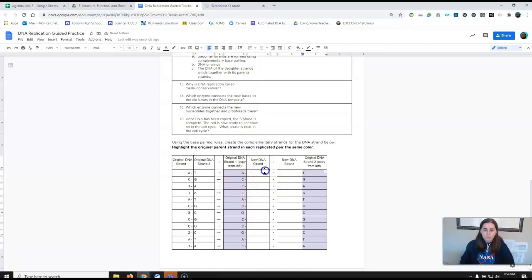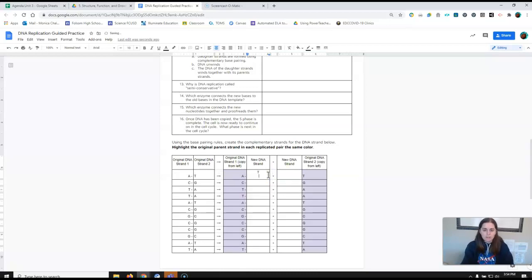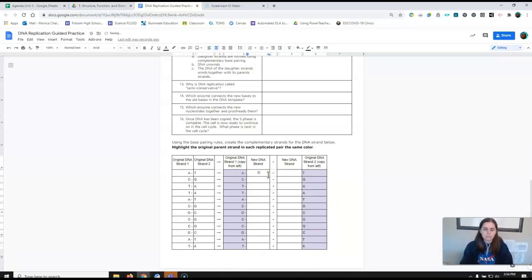Then we're going to make the new strand. Okay, so A bonds with, and I'm going to put my caps lock on, T, oops. C bonds with G, T bonds with A, A bonds with T, C bonds with G, G bonds with C, C with G, G with C, A with T, T with A, okay?